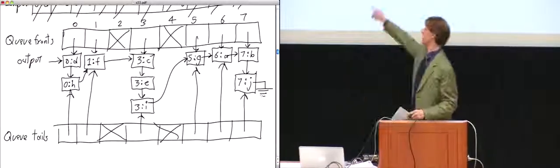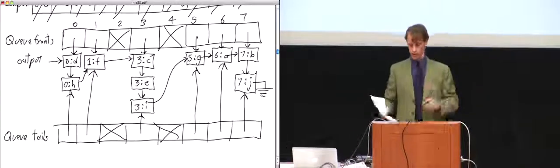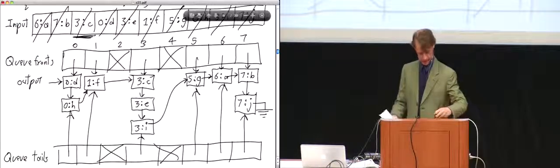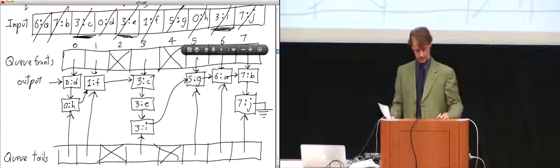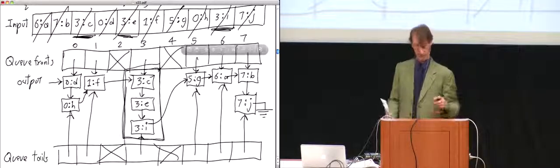So one thing you'll notice again is that if keys came in a certain order in the input, like 3C, 3E, and 3I, then they're going to be in that same order in the output, 3C, 3E, 3I.